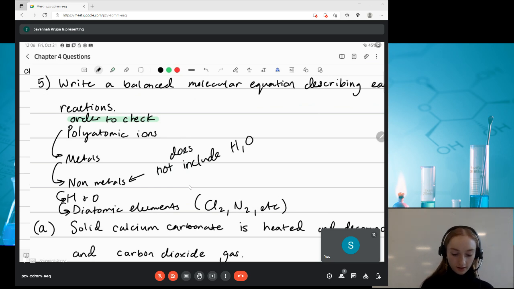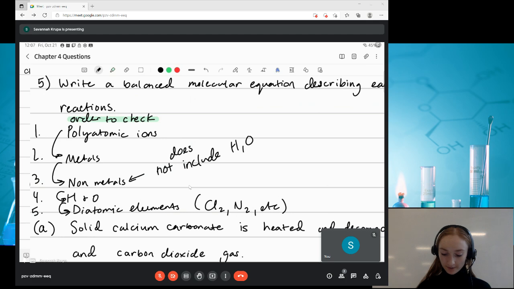So that's number 1 here, number 2, and then number 3 nonmetals, and then hydrogen and oxygen, and then diatomic elements, because if you have a gas that's just alone, like chlorine gas, all you have to do is put a coefficient in front of it to balance it at the last step, because it's just alone itself. So it's really easy to balance only one atom when it's by itself. So that's why it's last. Okay, so that's the order we want to check things in.